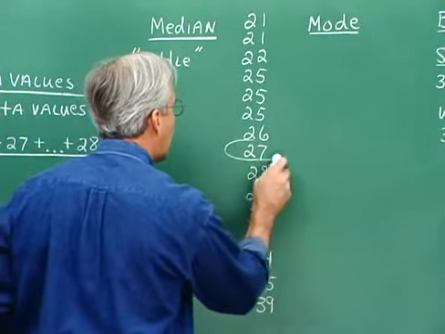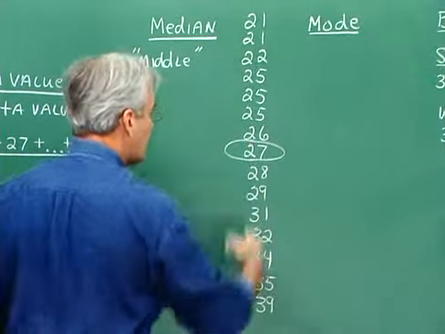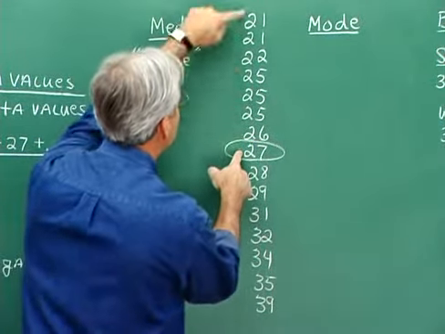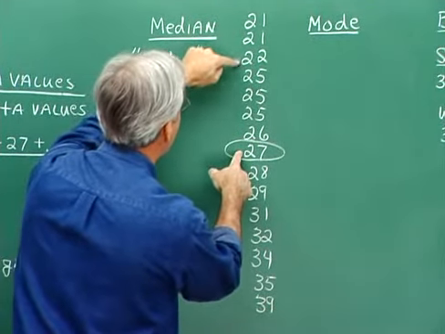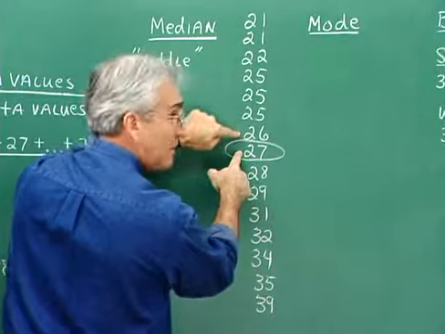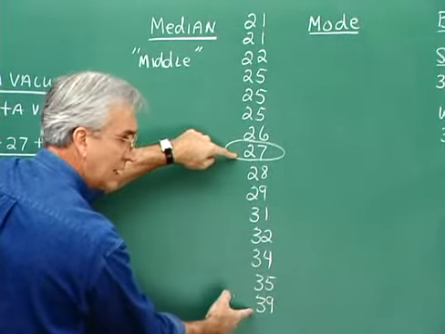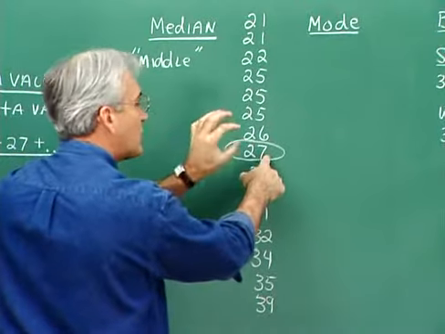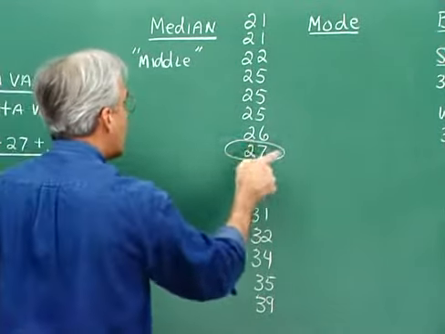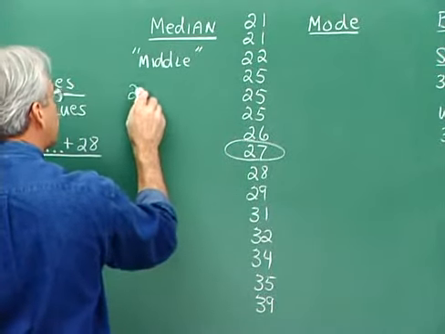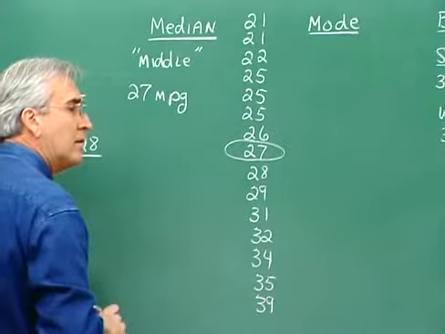I think it's this item, because at this point in this list, we have 7 items above, 1, 2, 3, 4, 5, 6, 7, and we have 7 below, 1, 2, 3, 4, 5, 6, 7. So this is the item that is distinctly in the middle. So the median here is 27 miles per gallon. All right, the middle item.